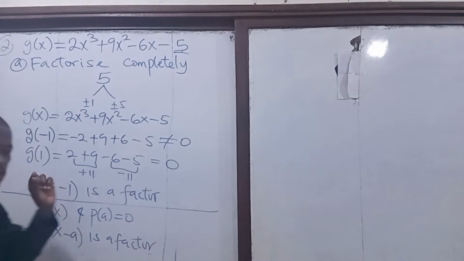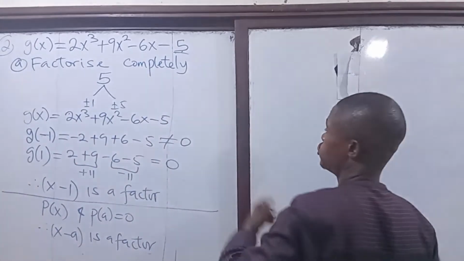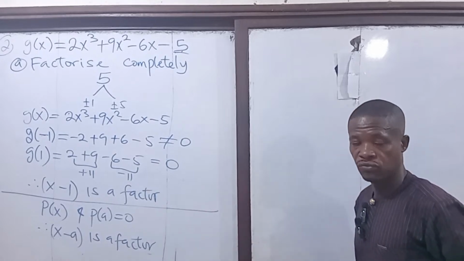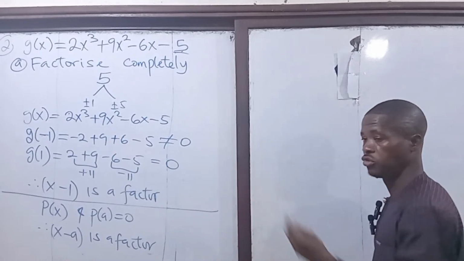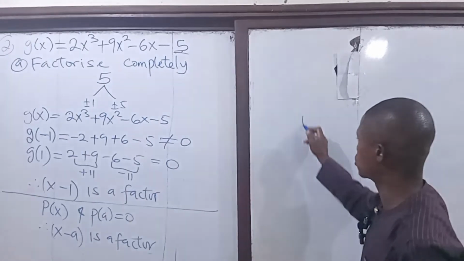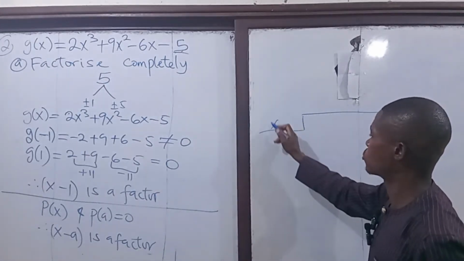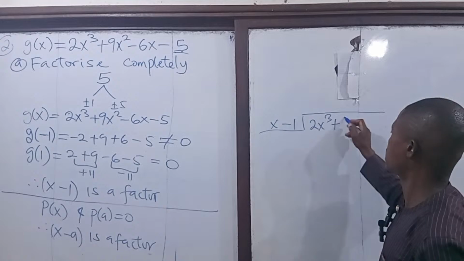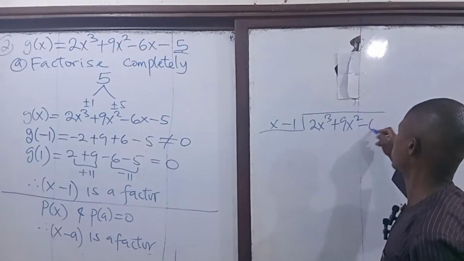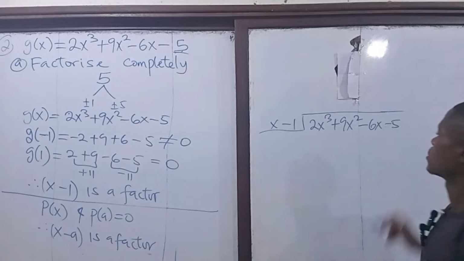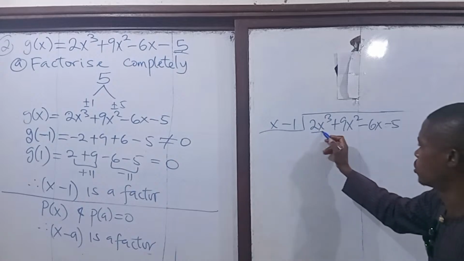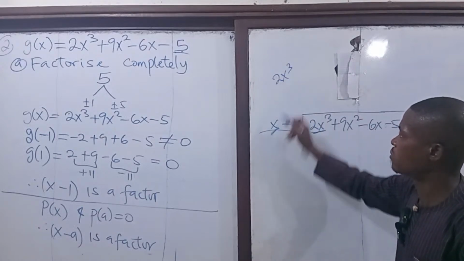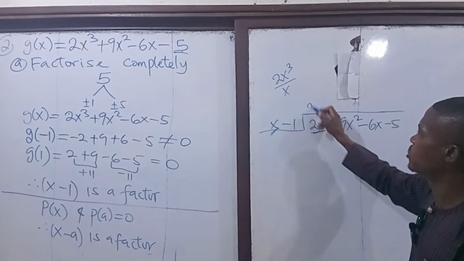Once we've gotten one of the factors, then we can use polynomial long division to continue the process, and that will be x minus 1 into 2x cubed plus 9x squared minus 6x minus 5. You take the first term of the polynomial, 2x cubed, over the first term of the divisor, and that will give you 2x squared.